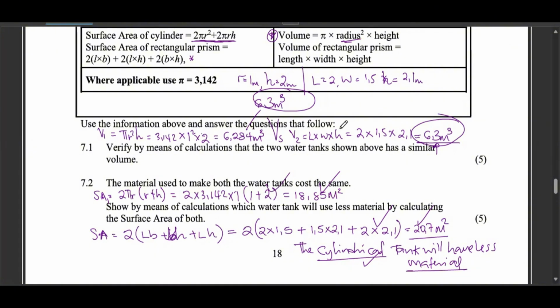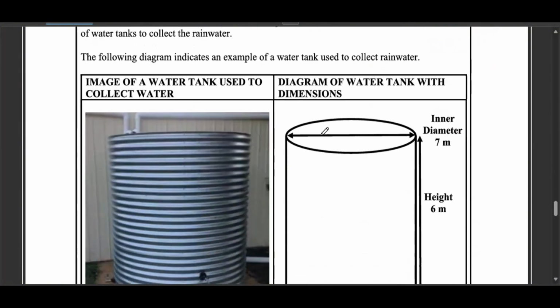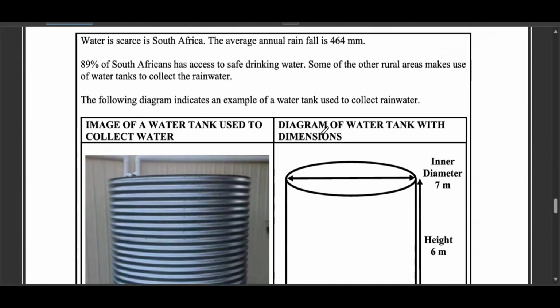Okay, we look at the other question, which is question number 8, it's the last question, I believe. Water is scarce in South Africa. The average annual rainfall is 464 millimeters. 89% of South Africans have access to safe drinking water.